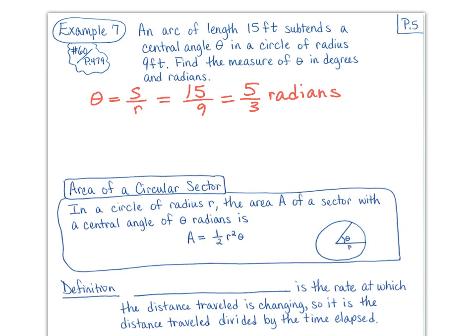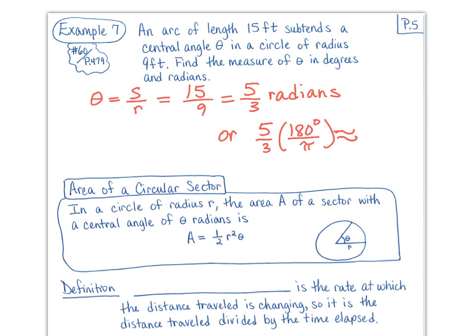How would you convert that to degrees? Multiply by 180 over pi. Good. So you have 5/3 times 180 over pi. And that's approximately what to the nearest tenth? Try it again.